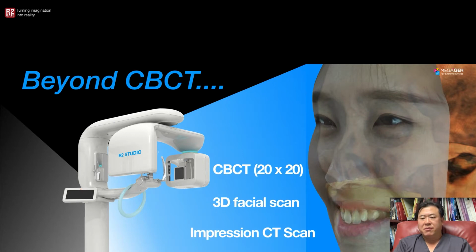It has various functions, but the most representative ones are a large FOV CBCT, whose size is 20 by 20 centimeters, a built-in 3D facial scanner to digitize the head of the patient, and an impression CT scan which can digitize almost any dental object. It is an extremely versatile machine, and it complements R2GATE software very well.